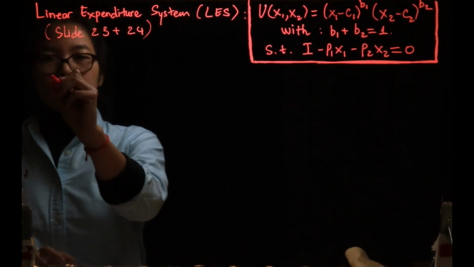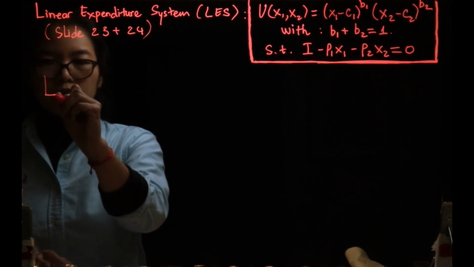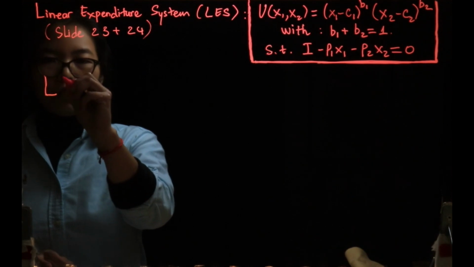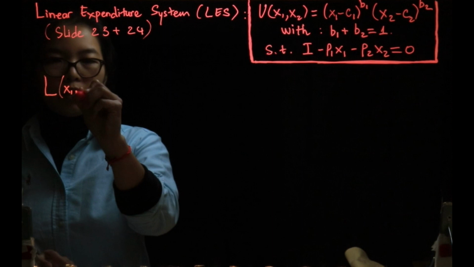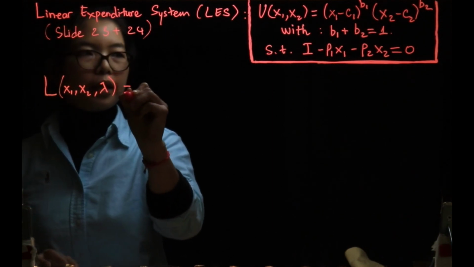So let's first, very standard, write down the Lagrange function, right? In this case, the Lagrange function is a function of x1, x2, and lambda again.